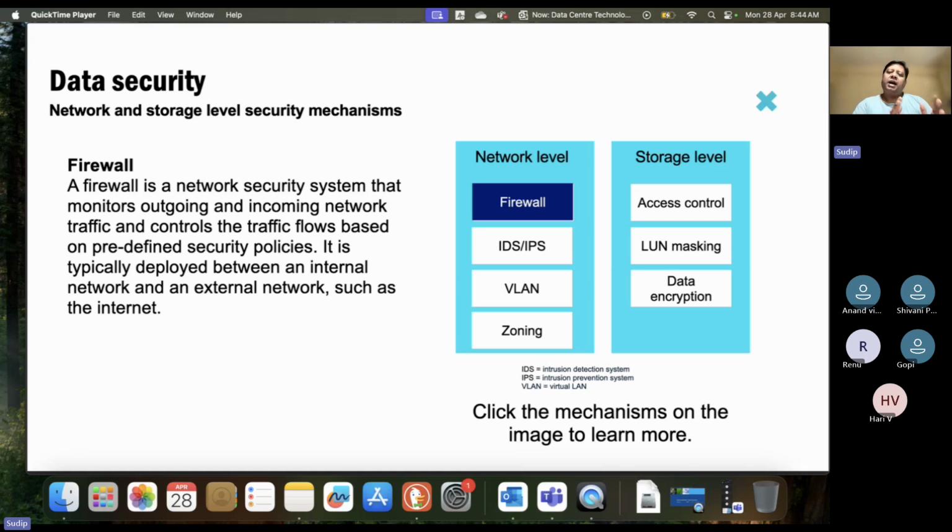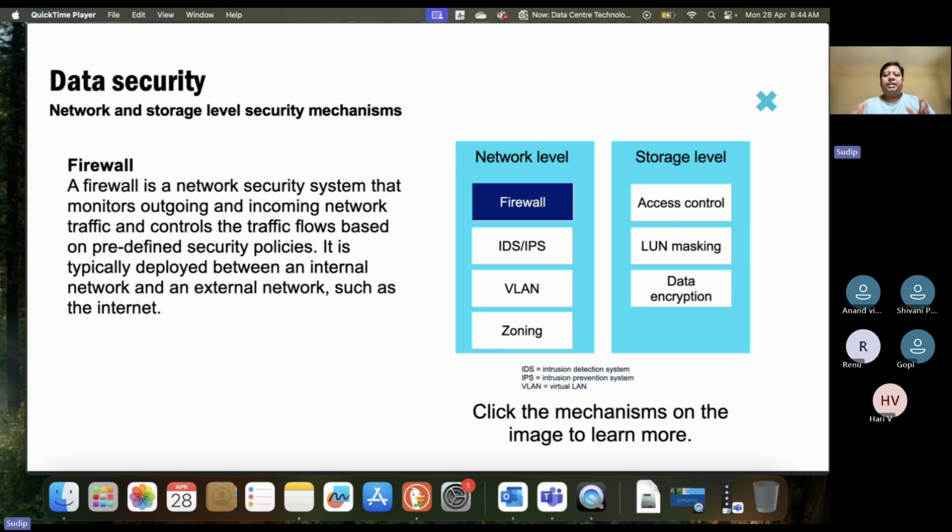In the context of network security, what a firewall does is it monitors each and every packet of data that is going out from the customer's internal LAN network to the internet, and it is also inspecting each and every packet of data that is coming from the outside world, which is the internet, into the customer's internal network, which is the LAN.